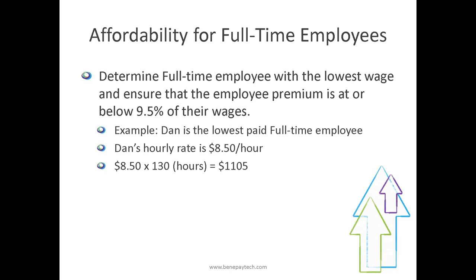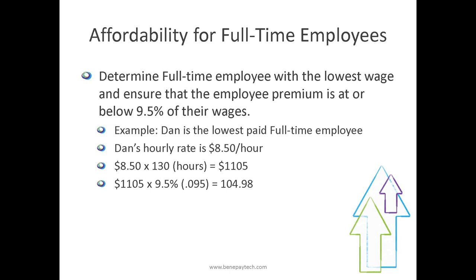So we would take his $8.50 per hour and multiply that times 130 hours to get a full-time rate. Now, Dan might not work an average of 130 hours per month, but we're getting his full-time rate for the month. 130 hours was defined by the IRS as full-time, and that comes to $1,105 per month. That is his monthly wage for full-time hours.